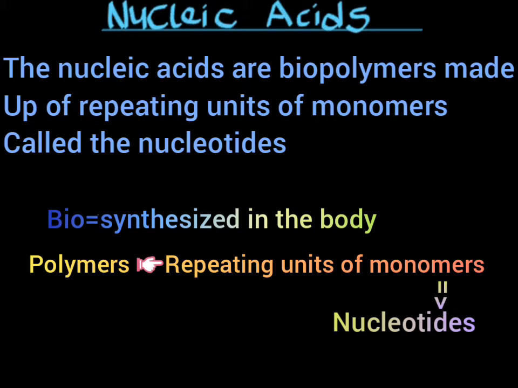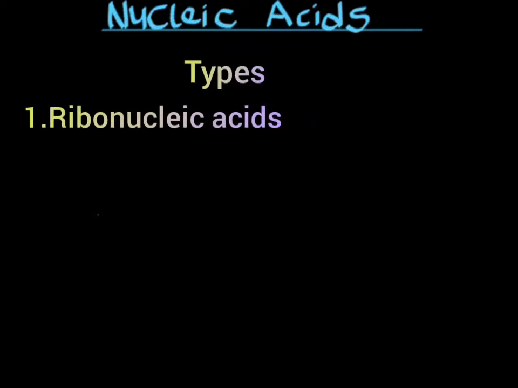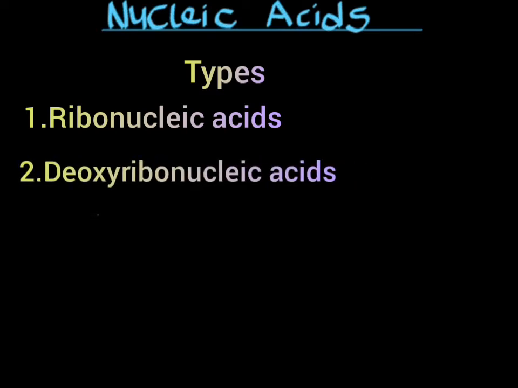There are two types of nucleic acids. The first would be the ribonucleic acid, and the second would be the deoxyribonucleic acid. The ribonucleic acid you commonly know as the RNA, and the deoxyribonucleic acid you commonly know as the DNA.